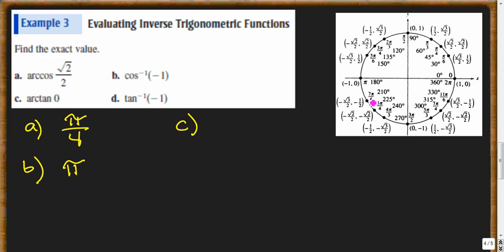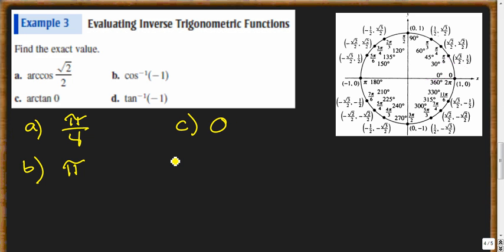Like 7 pi over 6 and pi over 6, they have the same tangent, and their tangent is the slope of this line. Well, when is the slope 0? That's going to be on this line here. That's the only slope that is 0 that connects these 2 points. And that will happen at 0.